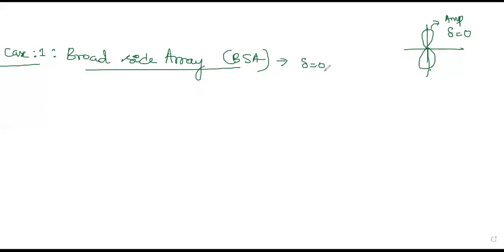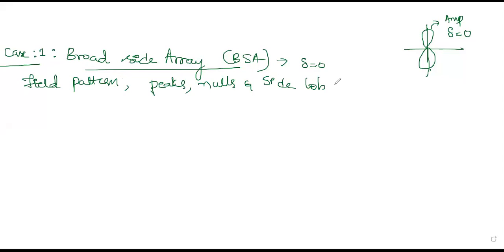So in order to find the field pattern, you need 3 different things: peaks, nulls and side lobe direction. There you were finding maxima, minima, half power point direction. Here you will be finding the peaks direction, null direction, side lobe direction.